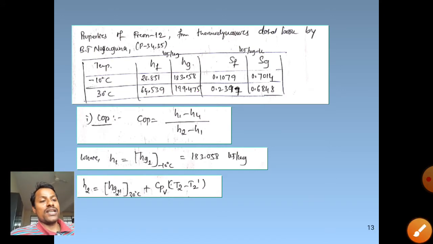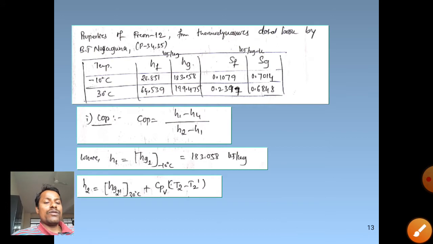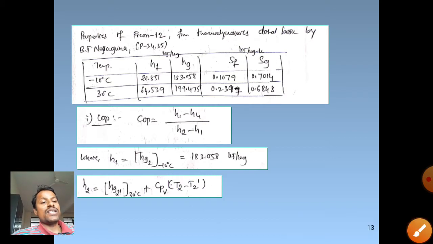We need to consider Cp vapor here, because after 2 dash the refrigerant is vapor, so I can't use Cp liquid. The change in temperature is T2, the superheat temperature, minus T2 dash, the saturation temperature.